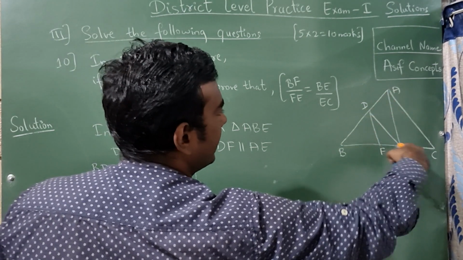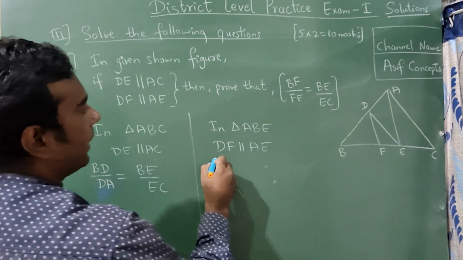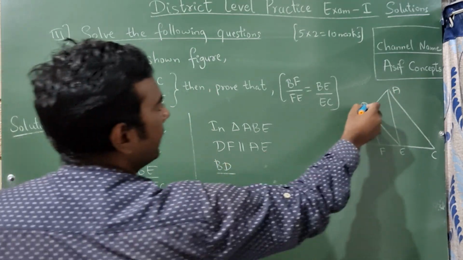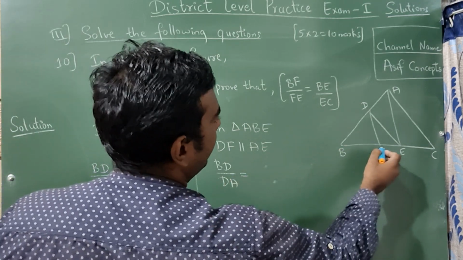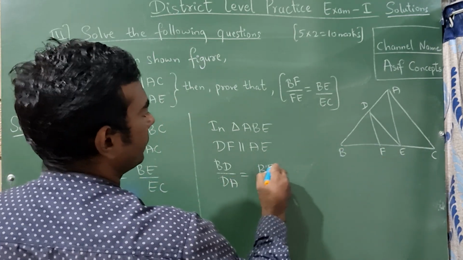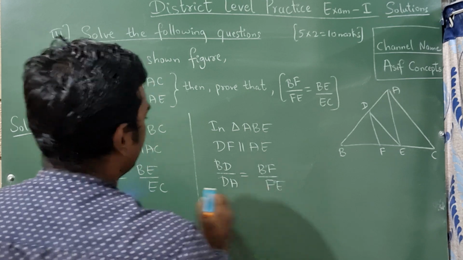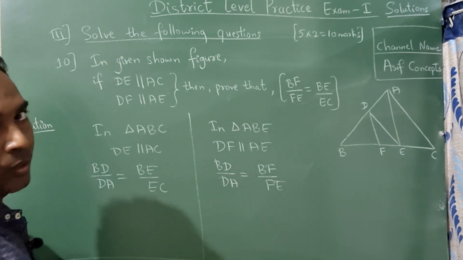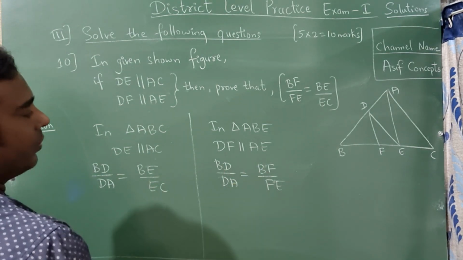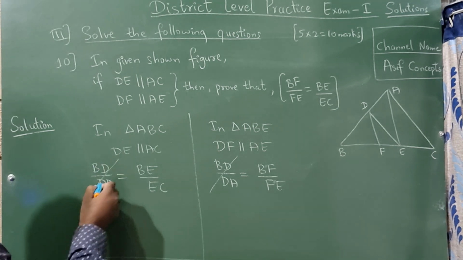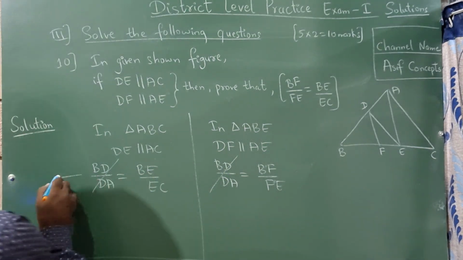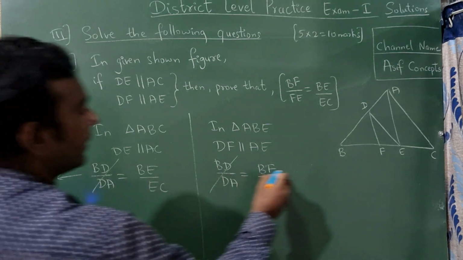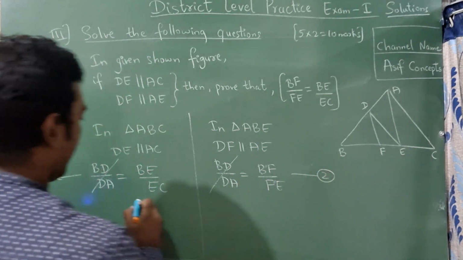Now if I consider only this ABE, again I need to write BD divided by DA is equal to BF divided by FE. This is equation 1 and this is equation 2. If I compare these two equations, I'll cancel these two because these two are same.